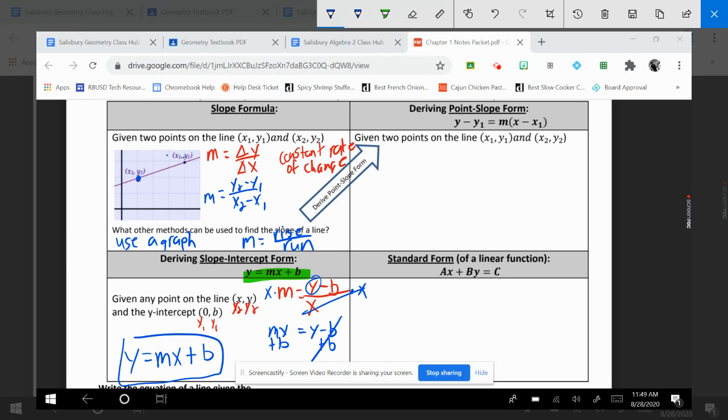Let's start again. Let's write slope formula out. m is equal to y2 minus y1 over x2 minus x1, just from those points there. Okay. Let's put m over 1, because m is also equal to m over 1. So we'll put m over 1.